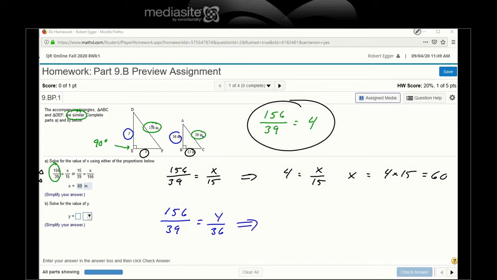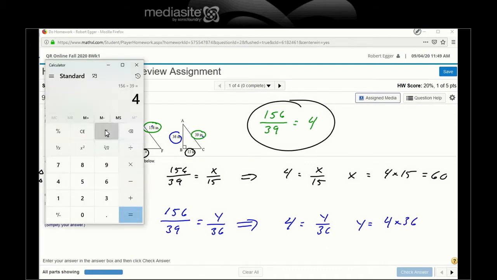And only because 156 over 39 is a nice number, 4 is y over 36. So y would be 4 times 36, or 144.